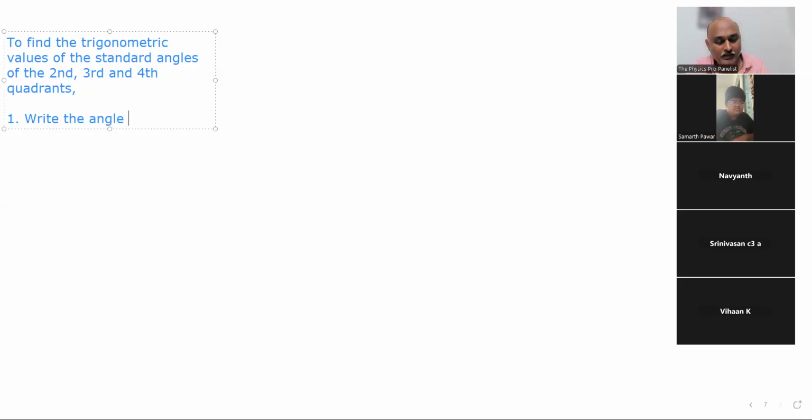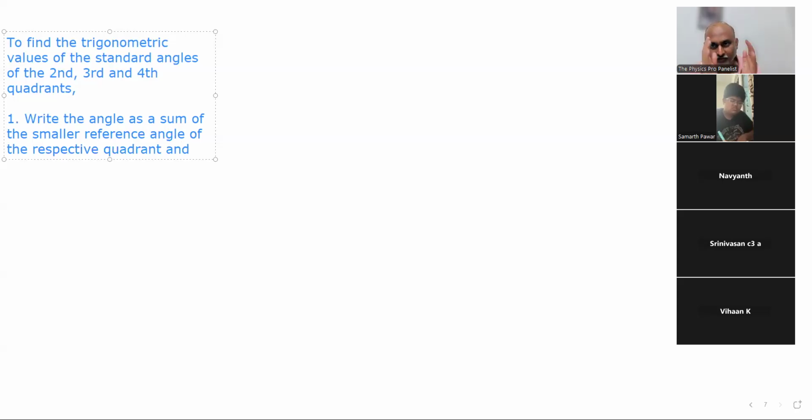Write the angle as a sum of the smaller reference angle of the respective quadrant and the standard angle of the first quadrant. Just read it. Don't write anything. Just read it and try to process what is the information there, right?